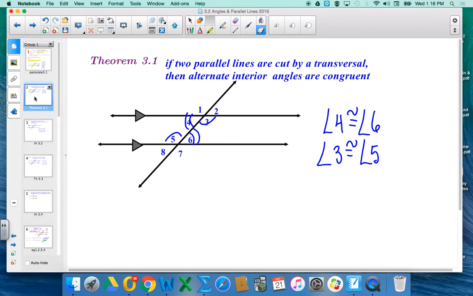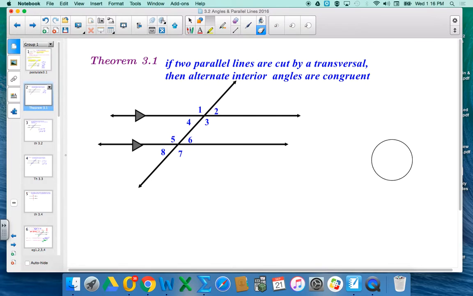The next theorem says if two parallel lines are cut by a transversal, then alternate interior angles are equal. We know these lines are parallel because of our parallel symbols, and we know that this is a transversal.